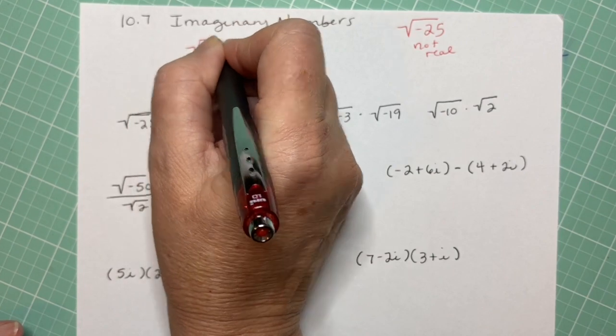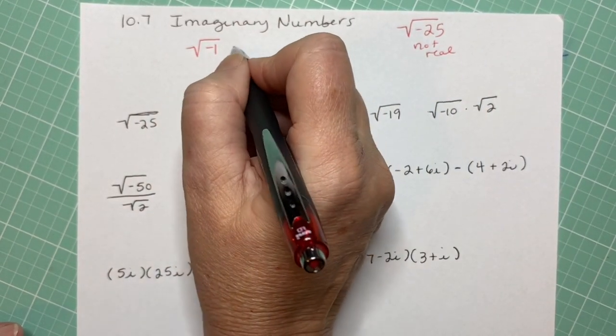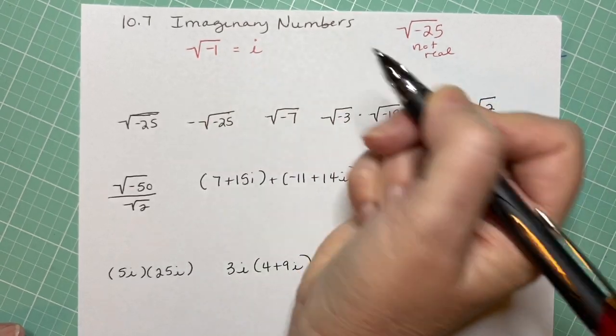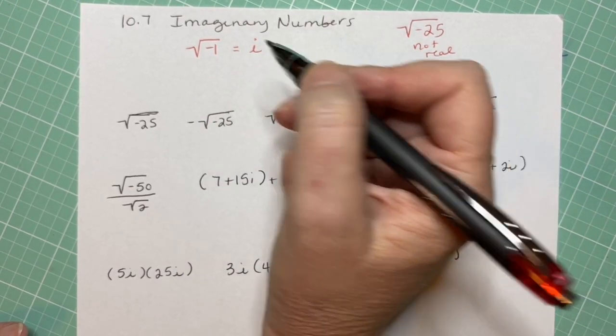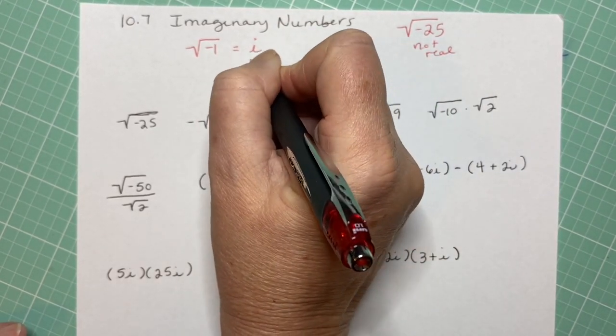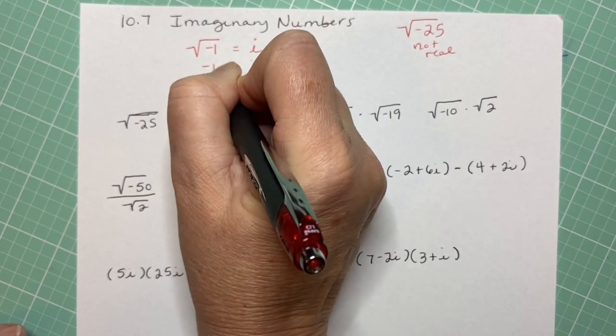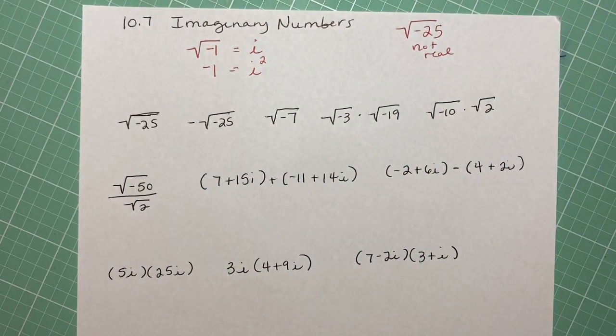If you say that the square root of negative 1, so any negative square root, we're going to let it be equal to the letter i for an imaginary number. And if the square root of negative 1 is equal to i, then we know i squared is equal to just negative 1, because when you square a square root, you get rid of the root sign.